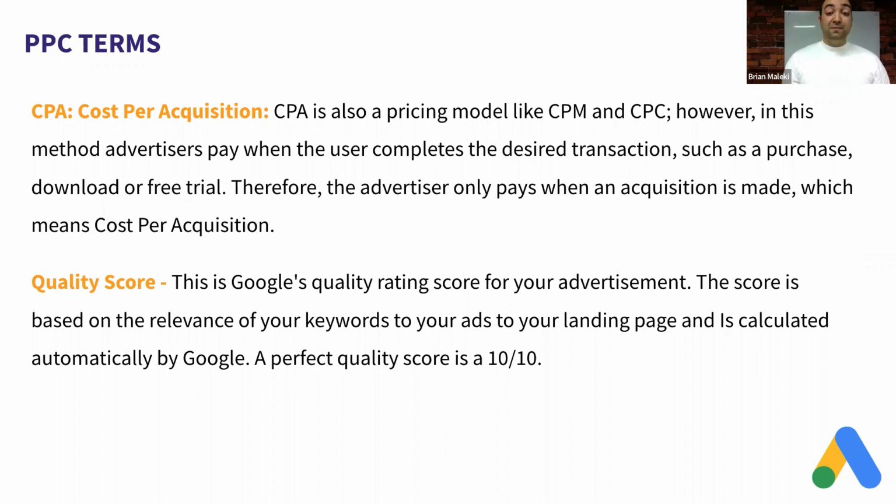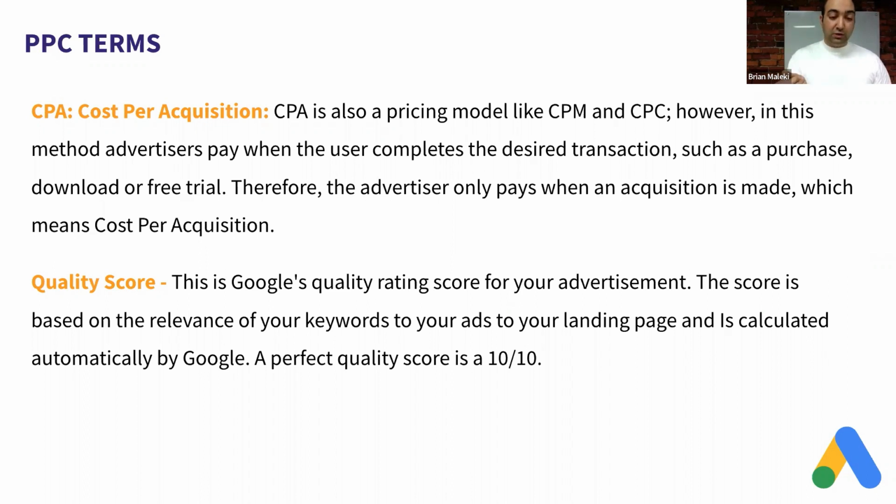What does it mean? It means that, let's say your competitor is having 7 out of 10 and your score is 3 out of 10. Your competitors absolutely will be positioned higher than you on search results. And Google charges them less than you because your quality score is low and Google wants to penalize you. Why are you showing that ad to my users?